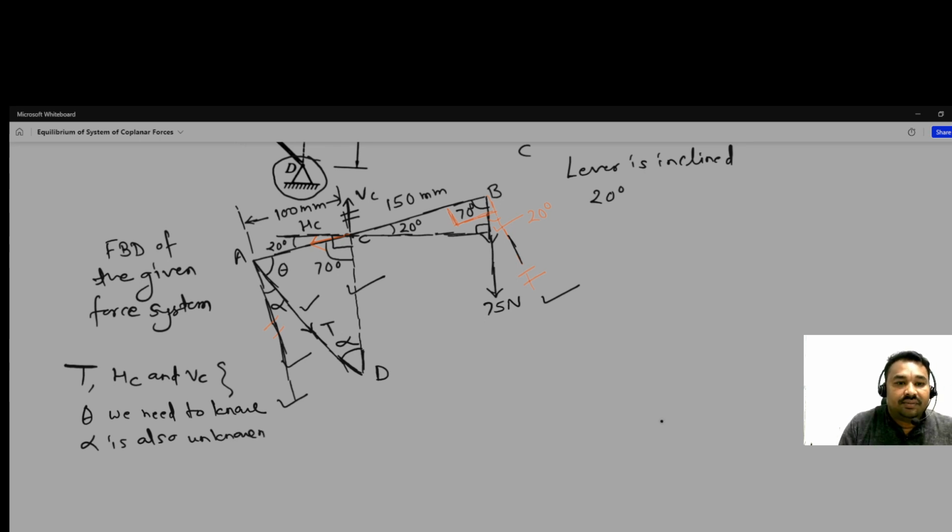and let us draw it separately. And this is 100 mm.